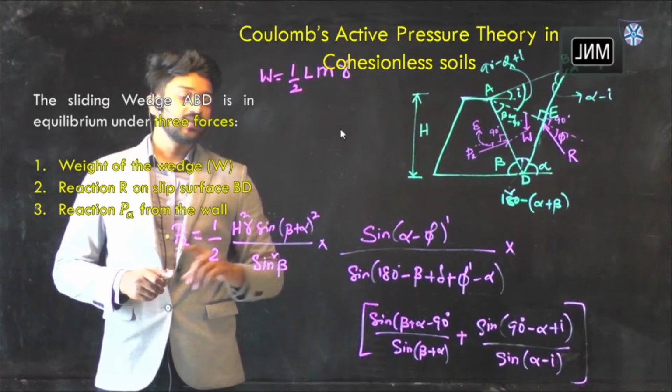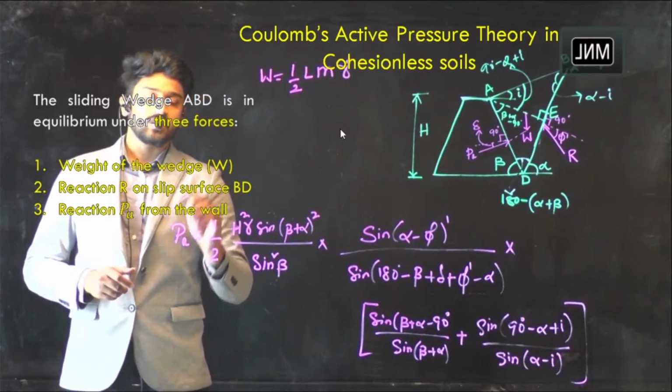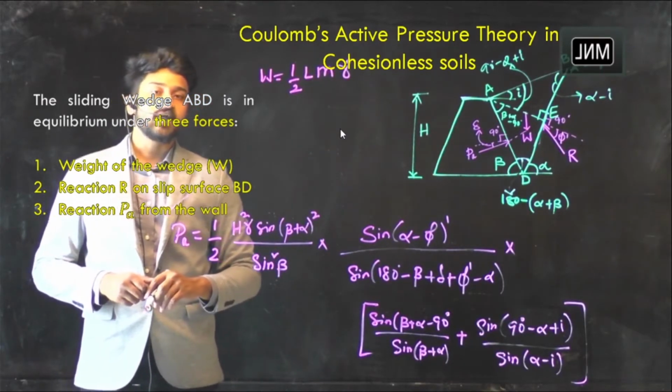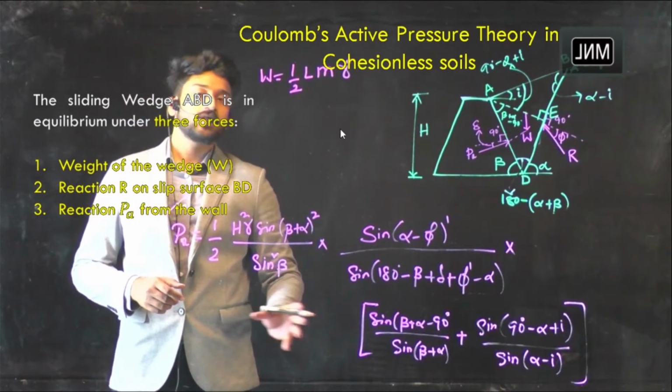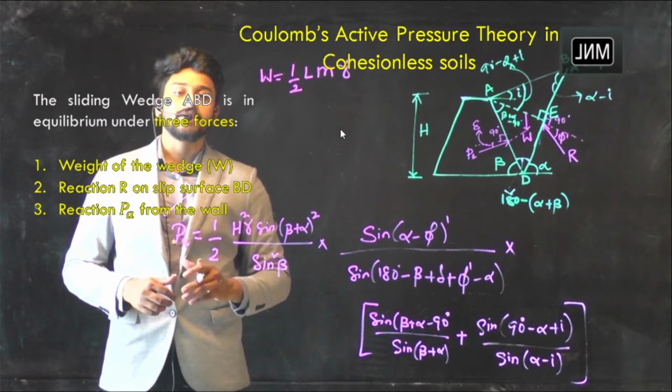So substituting this, you will obtain the final expression of PA, that is the passive earth pressure, where this entire term can be represented by the coefficient of active earth pressure.